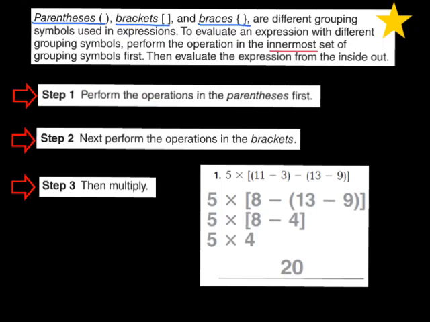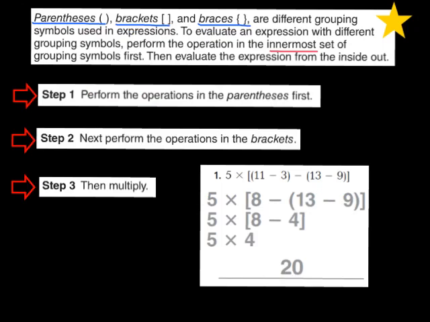Now, for question 1, they give us 5 times, and that is on the outside. You also see a set of brackets. Inside those brackets, you have 11 minus 3 in parentheses minus 13 minus 9 in parentheses.